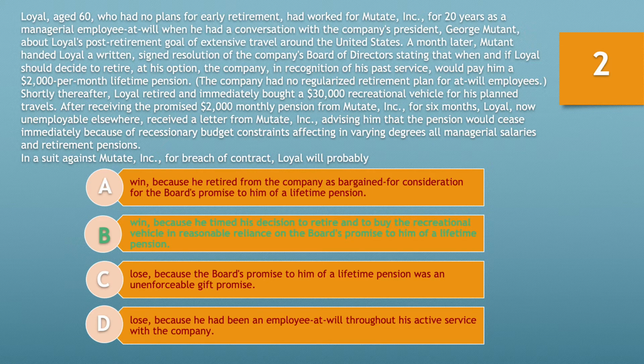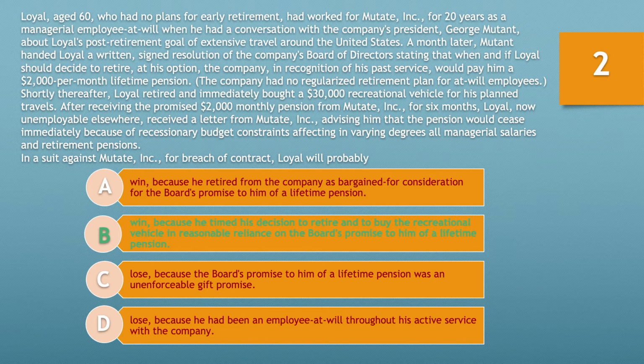In this case, the company promised to pay the employee Loyal $2,000 a month in a lifetime pension in recognition of the past service. Generally, this promise would be unenforceable because Loyal's past employment cannot be consideration for anything in the future, because it occurred before the board's promise. However, in reliance of this promise, Loyal retired and immediately bought a $30,000 recreational vehicle.